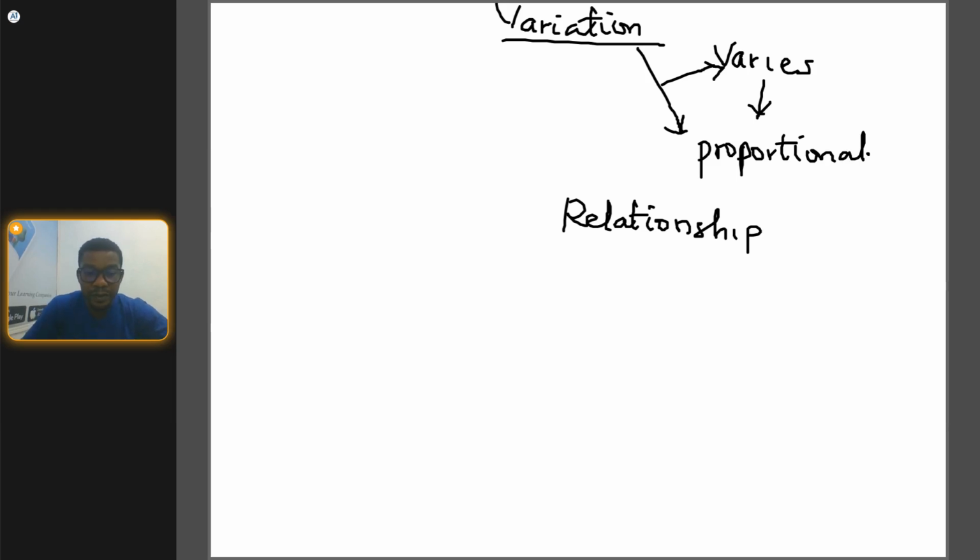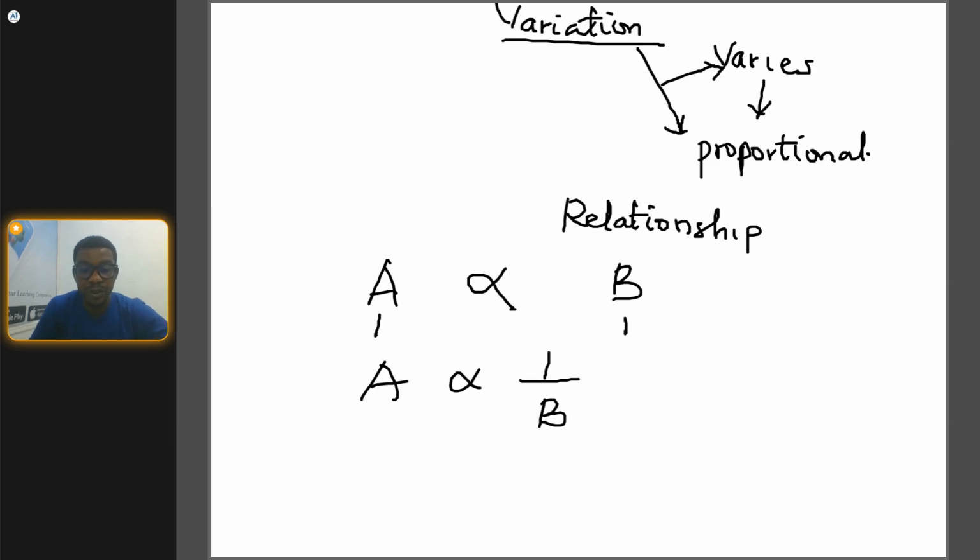If I have A to be a quantity, and B to be a quantity, and I say A varies directly, I'm saying that there's a direct relationship between quantity A and quantity B. If I say A varies inversely to B, or A is inversely proportional to B, I can use proportional or varies, those two words mean the same thing.